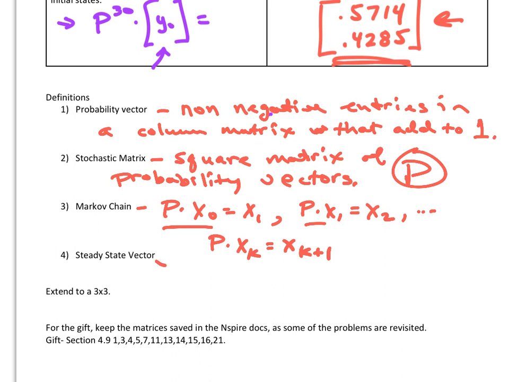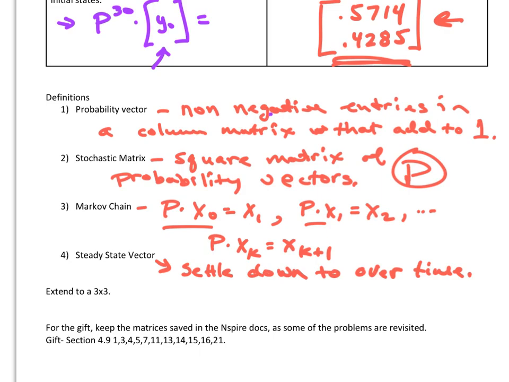And then the steady state vector is what we settle down to. In your book, it shows you how to solve for it as well. And why you would solve for it instead of raising it to higher powers is because, what if it doesn't settle down to one thing?